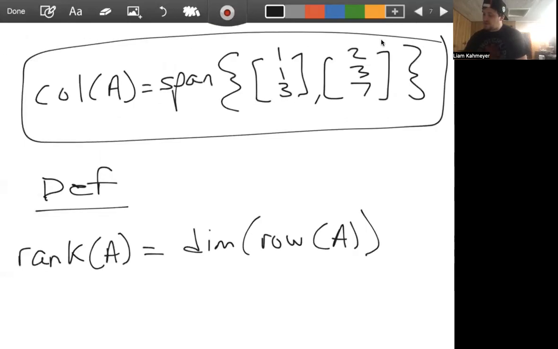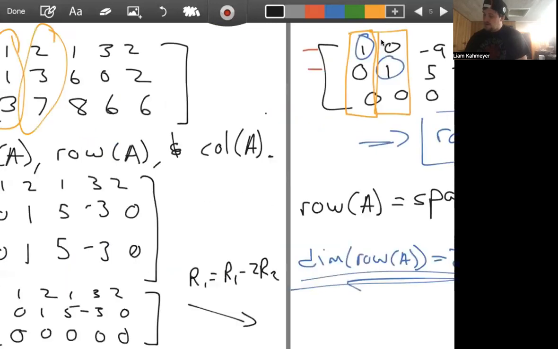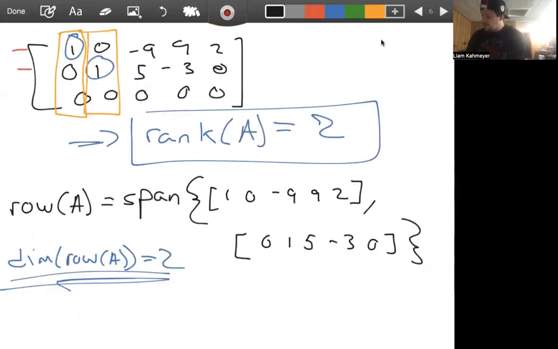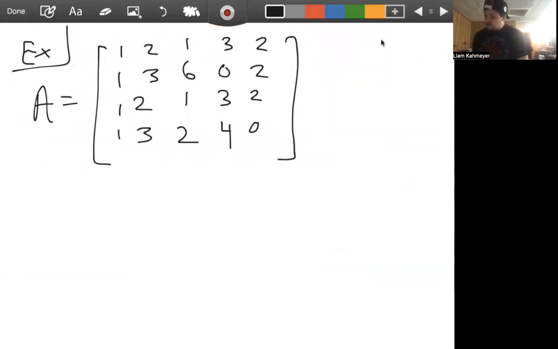I wanted to, in this example, take the time to refresh and make sure we can still do this. But here, let's just say that after a bunch of row operations, we get the reduced row echelon form of A, and it's going to be the following matrix.